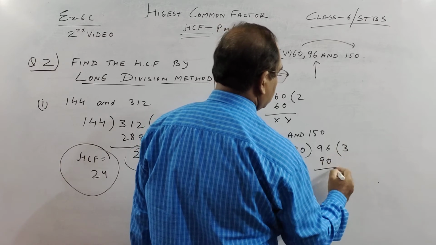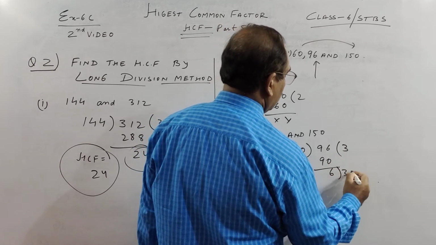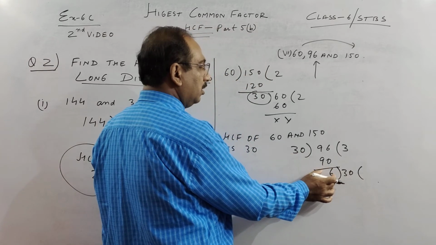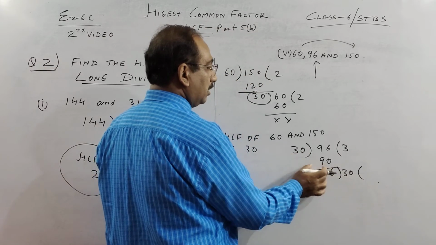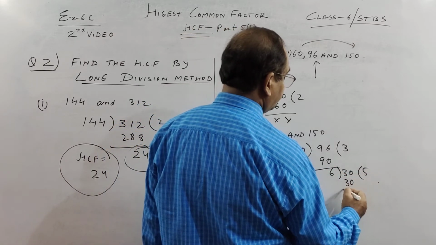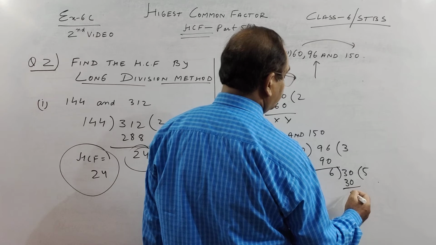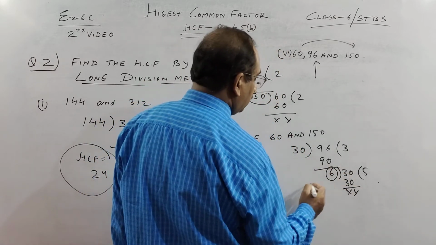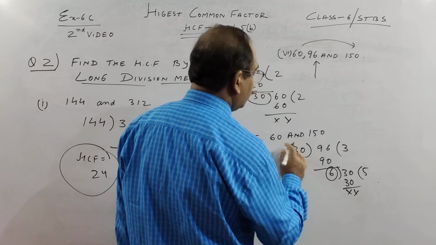So 3 thirtys are 90, and 96 leaves 6. So the remainder in step 1 becomes the divisor and the smaller number becomes the dividend. Okay. So here 6 is there. So what will you write? The HCF of all the three numbers.